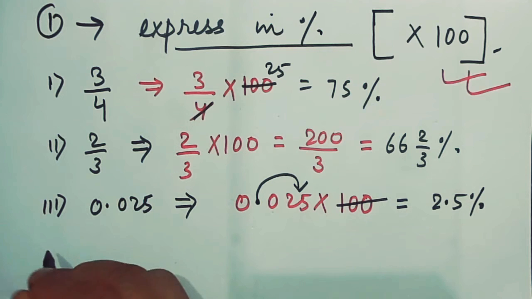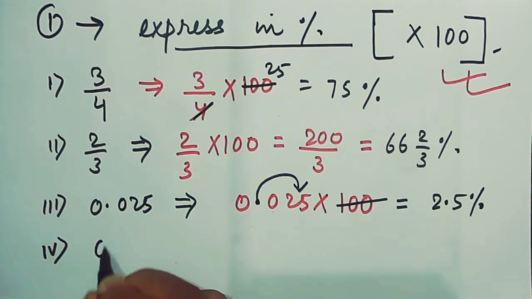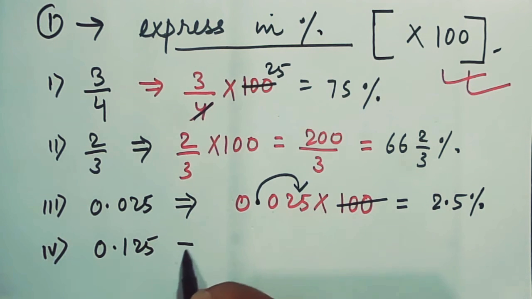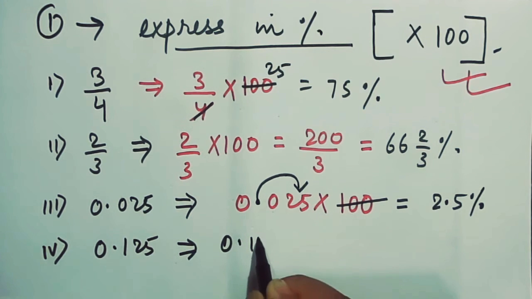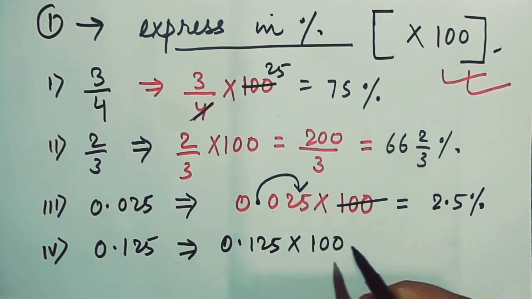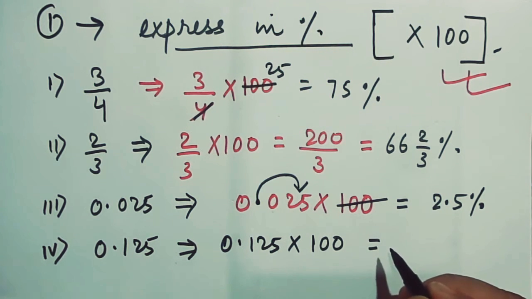One more we shall be doing, number 4. In number 4 we have 0.125. If I multiply this by 100, naturally we will get a value in percentage.